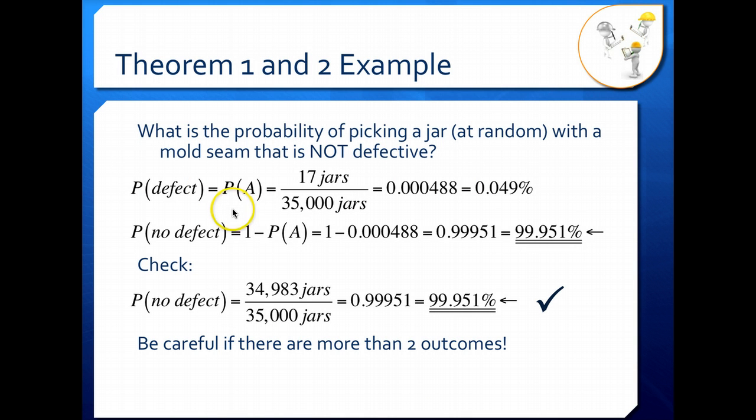So we know the probability of event A, picking a defective jar, is 17 over 35,000, and that's about 0.049%. Pretty low. But we want the probability of picking a jar with no defects. And so what we can do is subtract our probability of defective jars from 1. Notice that I am not using percent here.